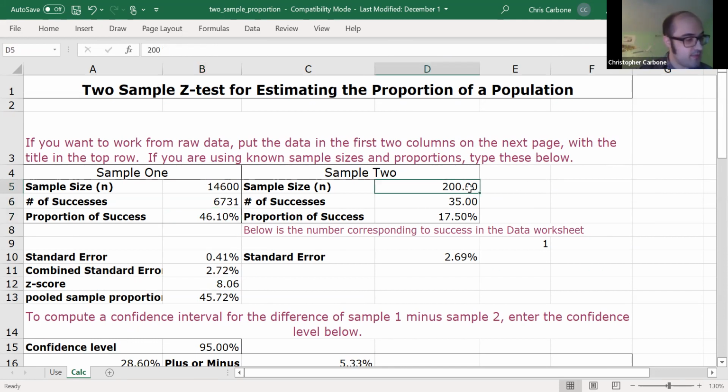Same thing with the second sample: a sample size of 15,000, and number of successes we calculated to be 5,505. Again, we should see 36.7% here, which we do. And we want to change our confidence level to 99%.